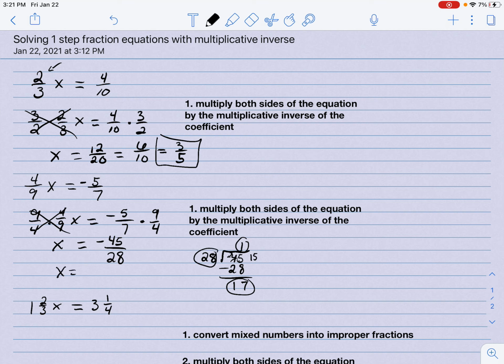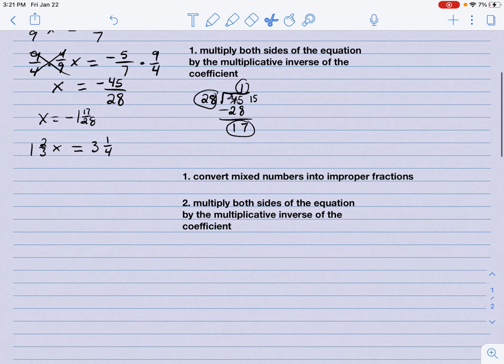So then x equals negative 1 and 17/28. Move that away so we can see it a little better. Okay, so this is our answer. Negative 1 and 17/28.